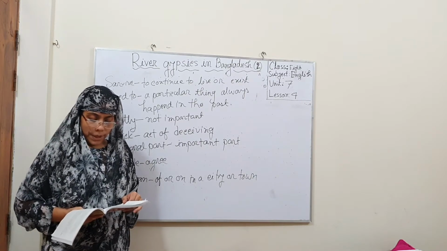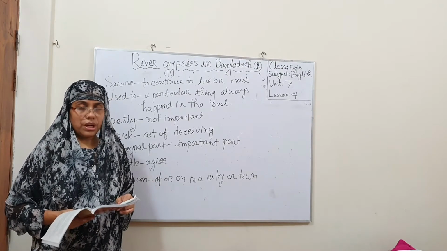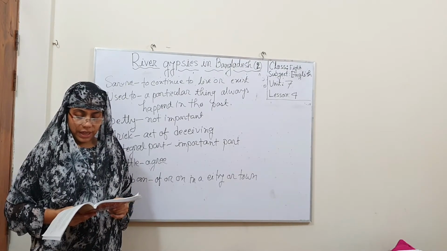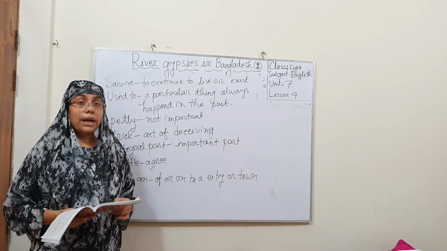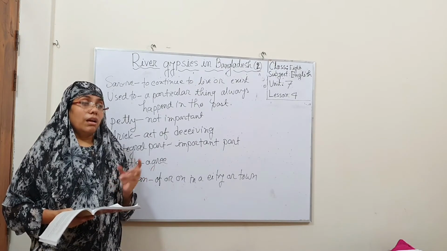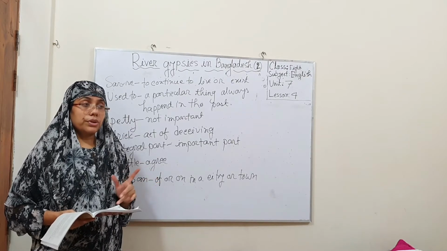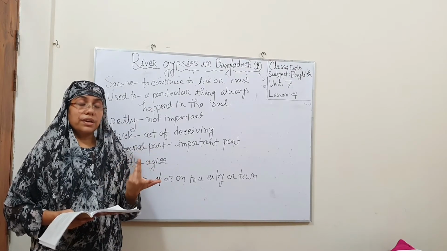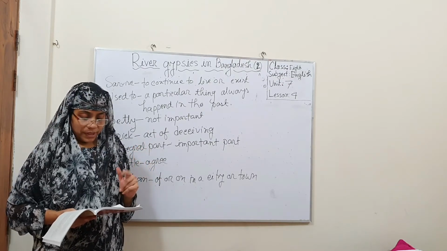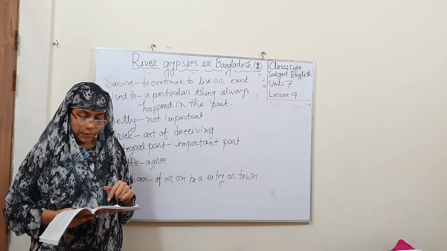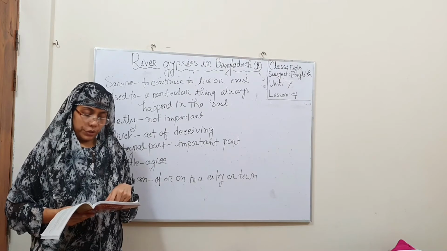And thirdly, many river gypsies are changing their lifestyle in the context of changed reality. They are thinking of living permanently on land. They have changed their mentality. They always travelled from one place to another, but now, in this changing reality, they think they need a permanent living place.